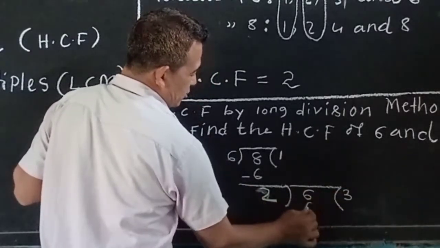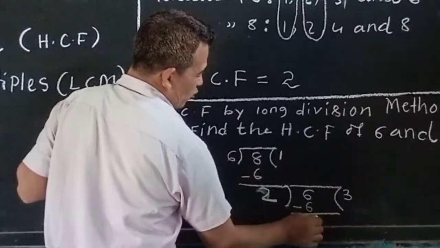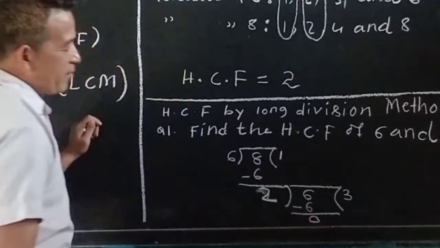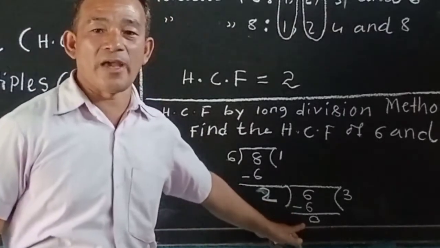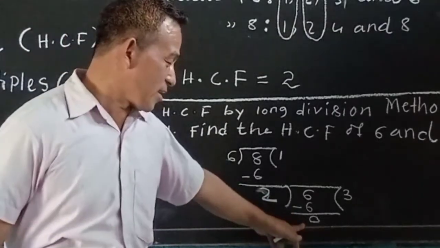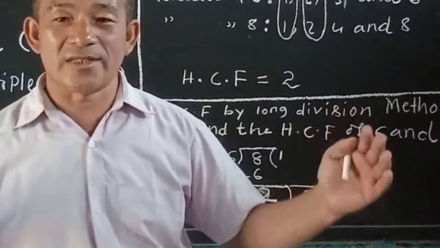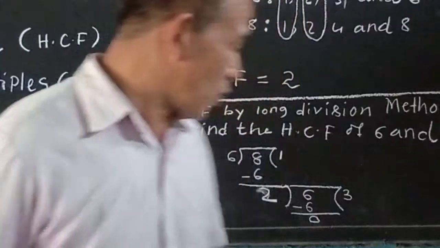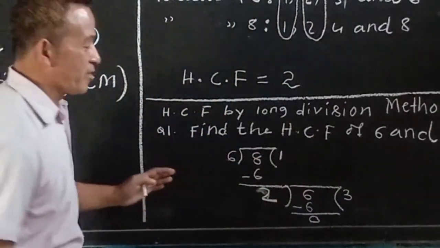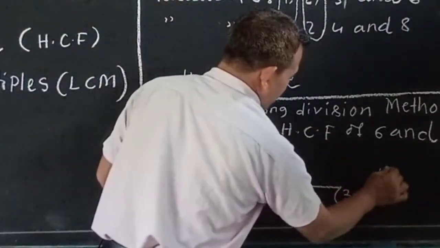2 threes are 6. As I told you, we divide until we get 0 as remainder, and here we have got 0 as remainder. Now the division process is terminated and completed.